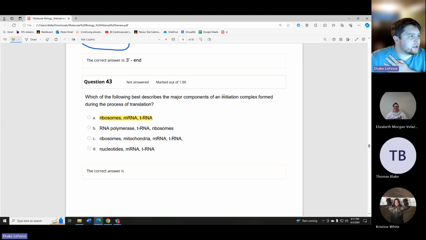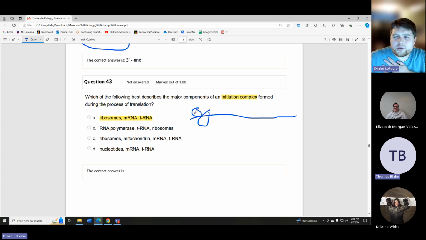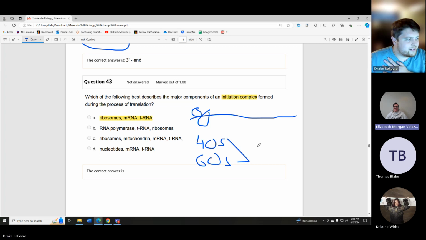So that initiation complex is when we have our tRNA and we have those 2 ribosome subunits come in. What are those 2 subunits referred to as? What are their names? The 40S and the 60S, and they combine to form what? 80S.